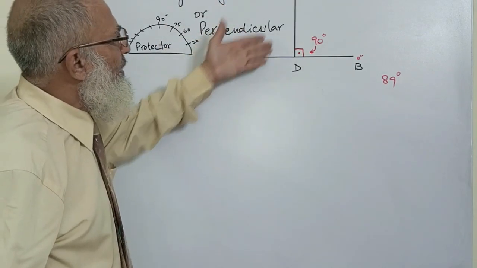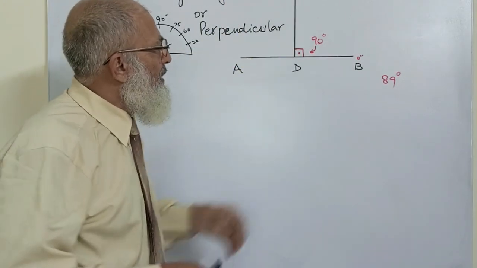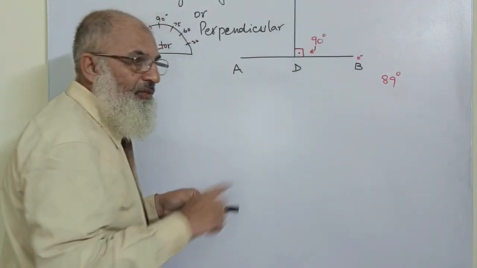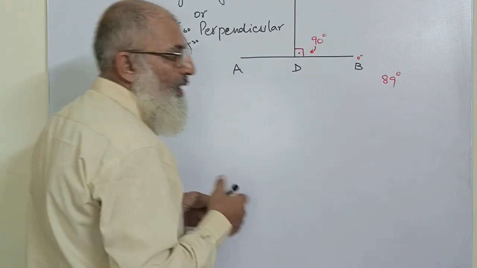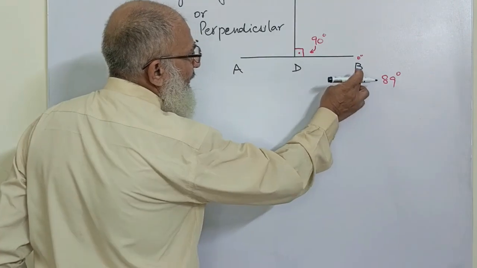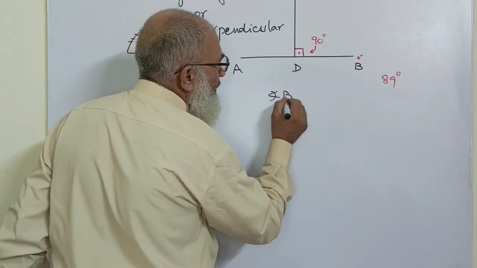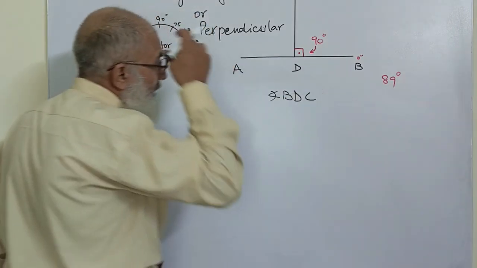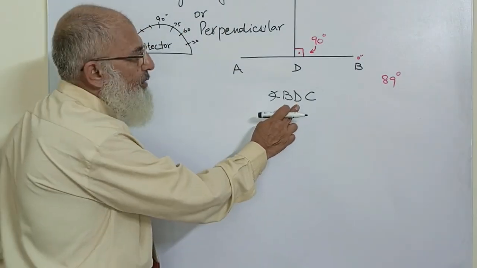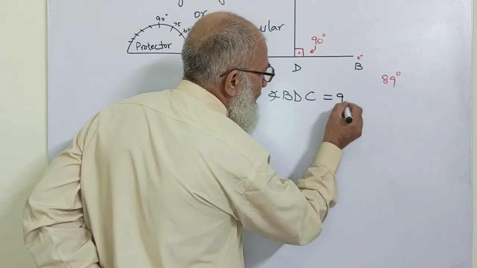So right angle is the same as perpendicular, and the angle BDC, now I will write it in terms of 90 degree. You see that angle BDC. I told you that the vertex is always in the middle. Angle BDC is equal to 90 degree.